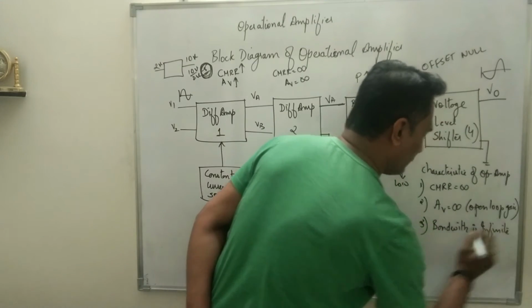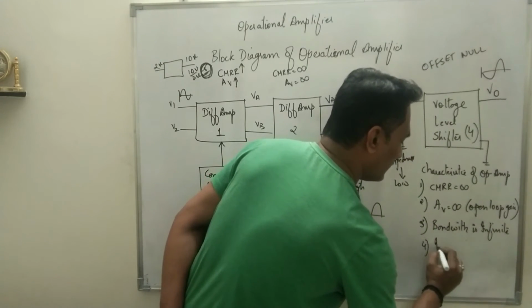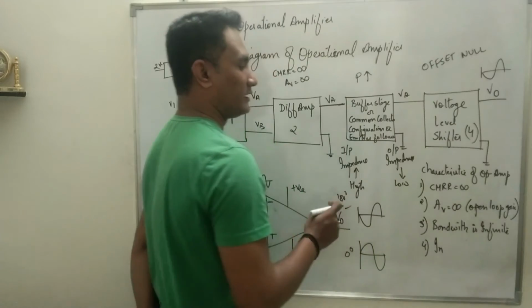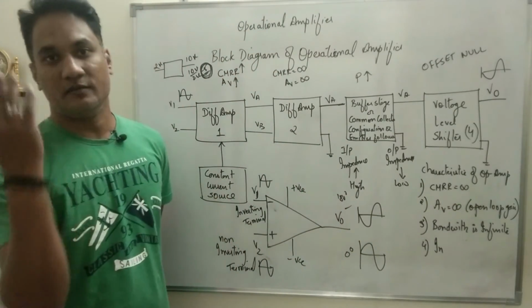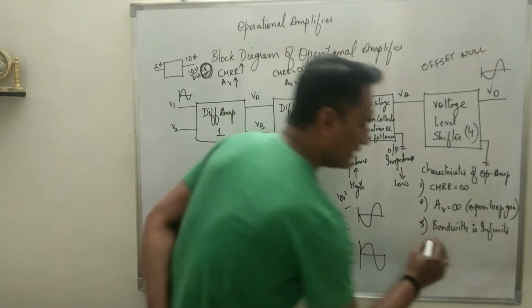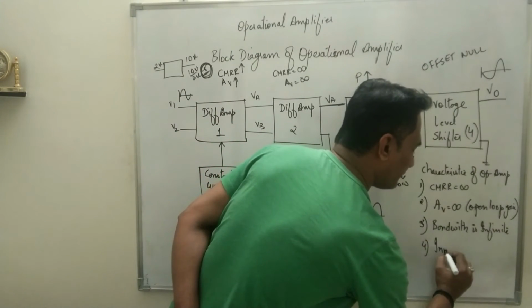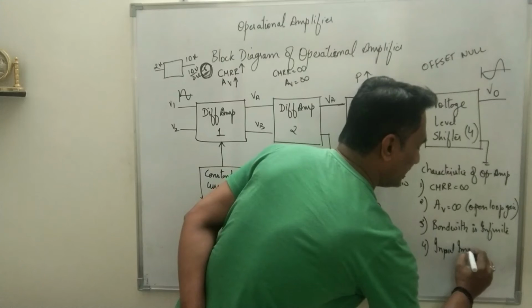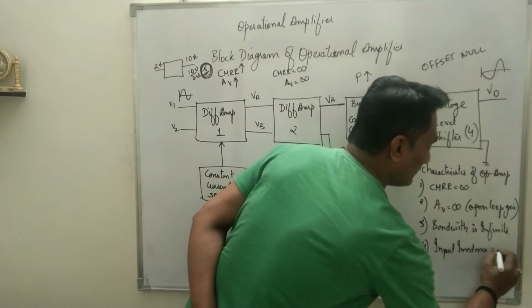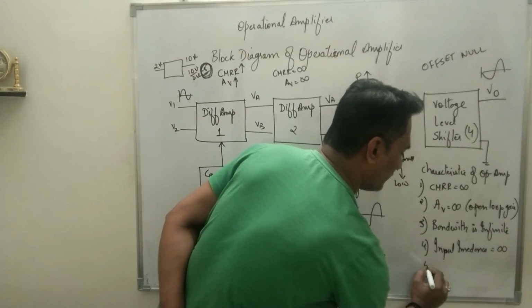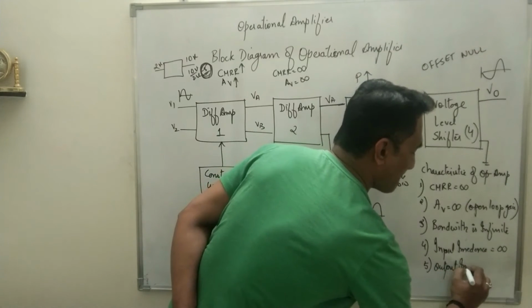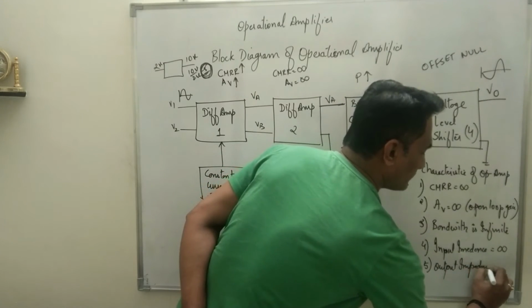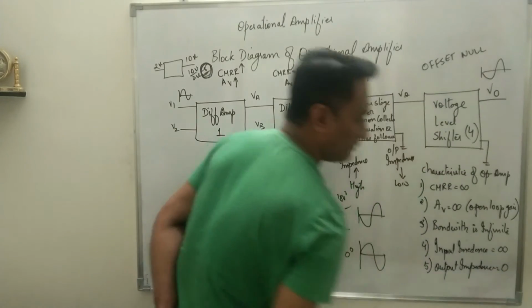is infinite. Fourth, as we have connected common collector configuration and differential amplifier, all this circuit has high input impedance and low output impedance. So input impedance is infinite. Fifth, output impedance is 0.